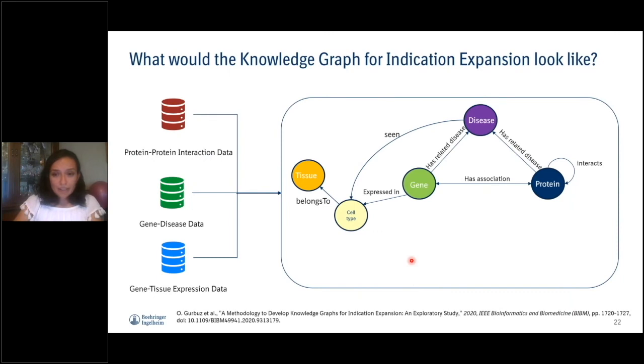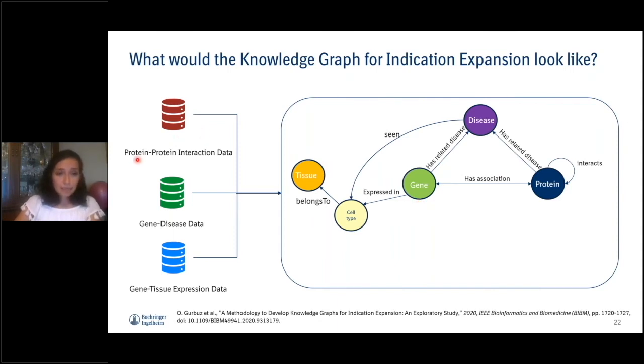As an ontology, we thought about using disease, protein, gene, and tissues, and their relationships were defined so that a gene had an associated protein, and we had protein interactions, and these proteins and genes were linked to disease, and a gene had expression data in the tissue and the cell type.